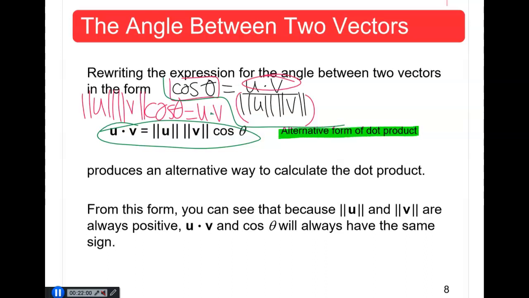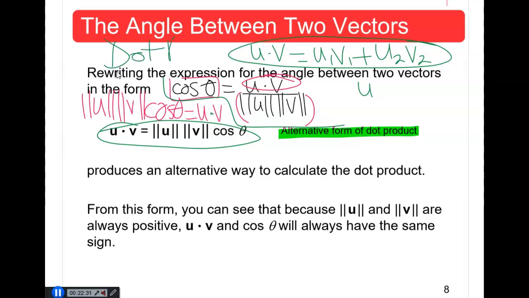The very first form of dot product that we started the class with was we take the horizontal component, so u sub 1 times v sub 1, the product of those two, and then we add the product of the vertical component, so u sub 2 times v sub 2. That was the very first form of dot product that we went over. And then the other one will be the one that you guys can see here.